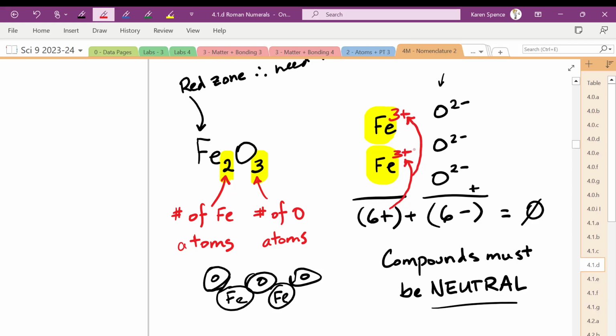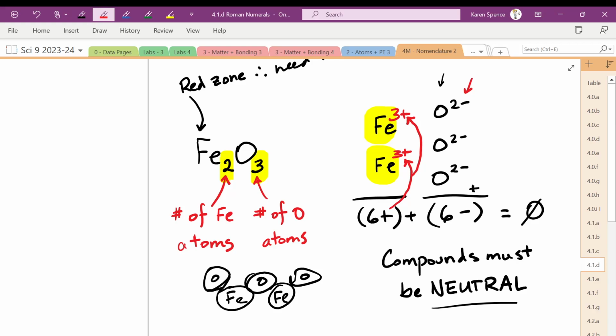If I add 3 positive and 3 positive, I get 6 positive. So you find the charge on the nonmetal, you add them all up. The positive charge has to equal and be opposite to the negative charge, and then you spread the positive charge out onto however many atoms you have.